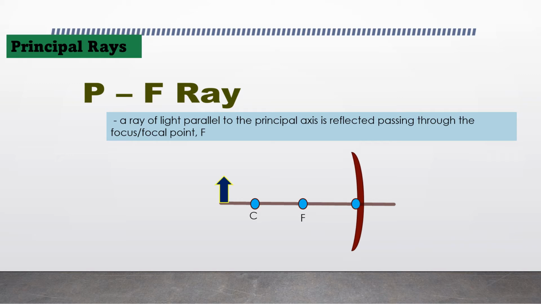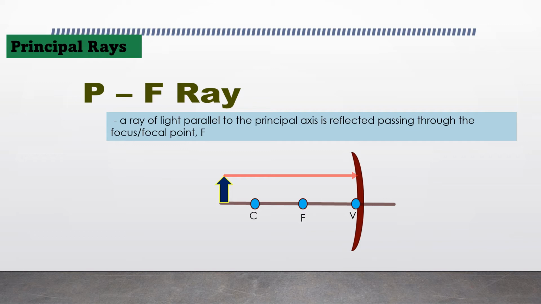So how to draw the P to F ray? Okay. It is stated in the P to F ray that a ray of light is parallel to the principal axis. So you have to draw the incident ray. Okay, so the red color ray there is the incident ray. The incident ray is parallel to the principal axis, as you can see.